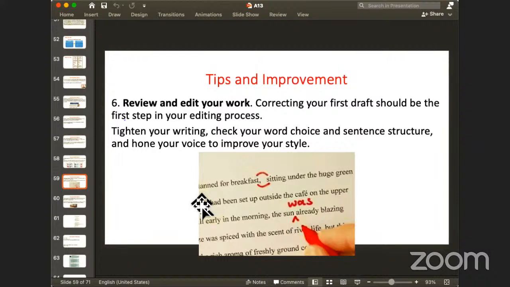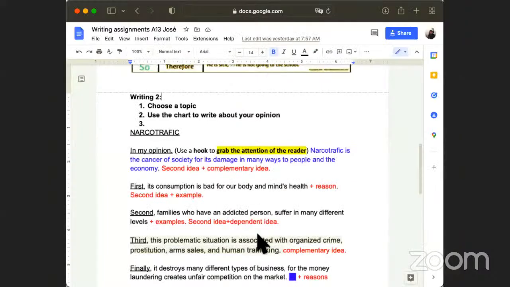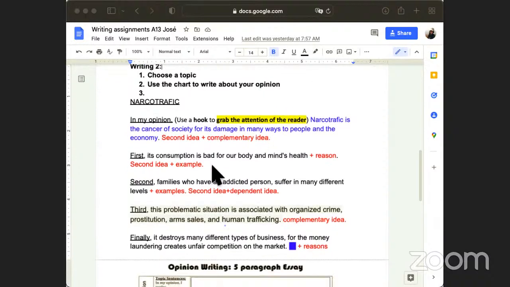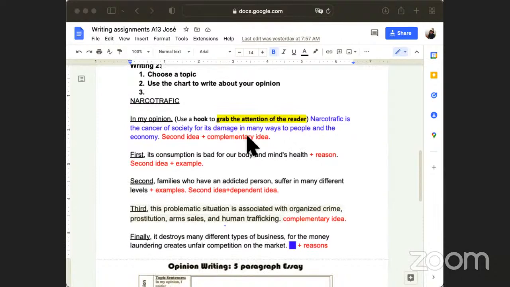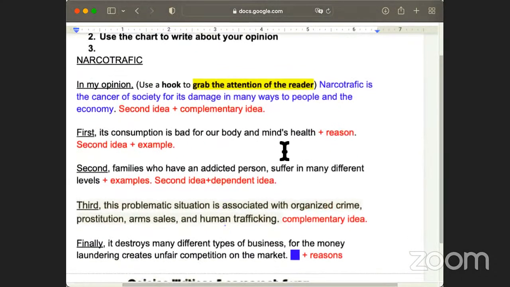Let me show you your document. The first time you wrote this persuasive essay about narco traffic, it didn't look like this, right?